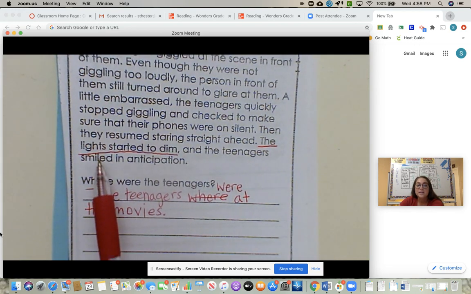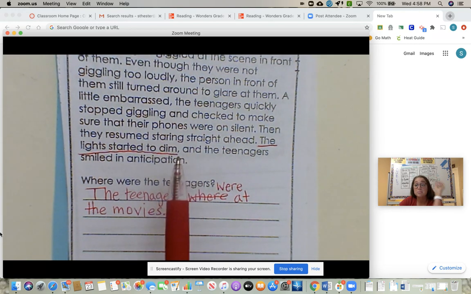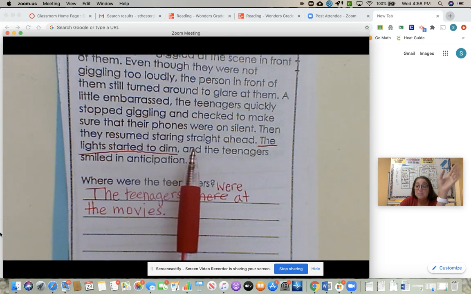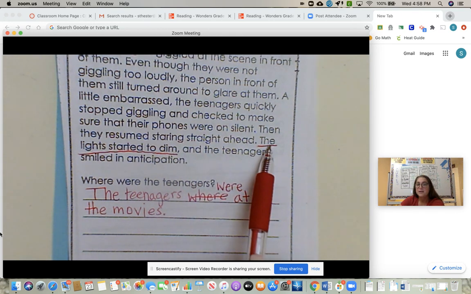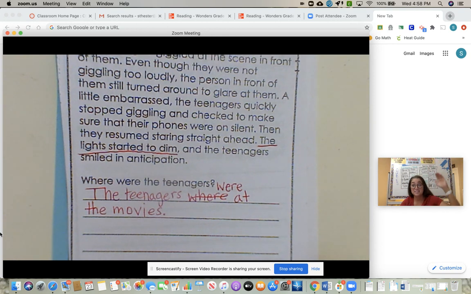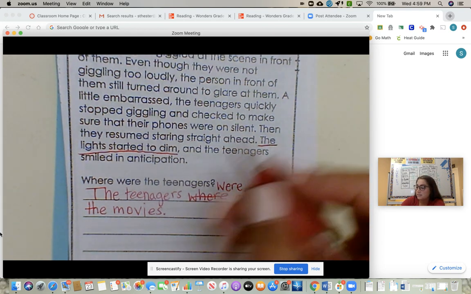But one is when your phone is really bright, people do turn around because they can see the bright lights. But I like the lights started to dim, because in a movie theater, that's really when the lights dim and you need to be quiet and put your phone away. So the teenagers were at the movies.